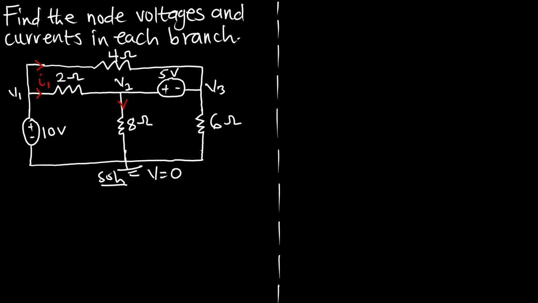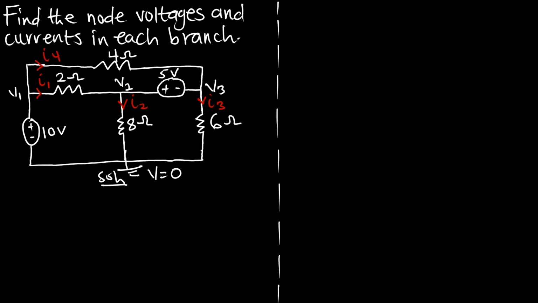So I'm going to call this part my I2. I2 is also going to split in this direction. I will call it I3, and I'll call this one my I4. So this is the current. You can see that in the two branches with the voltage source, I did not assign any current because the voltage is already known. So once we have this, we are good to go.